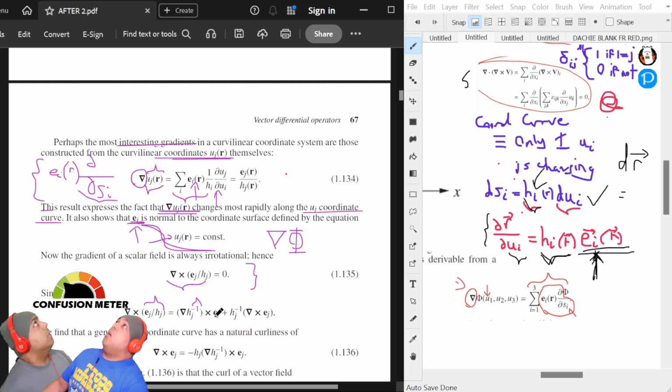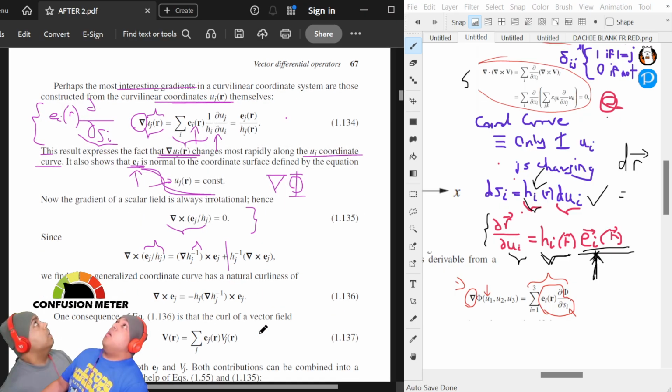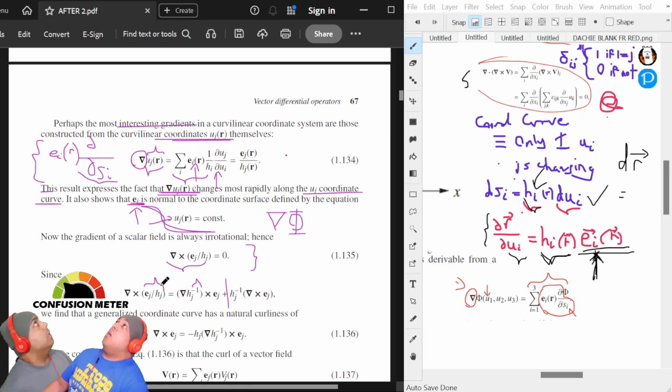Since the curl of this equal, so we're splitting it into two terms. Since this equals this, we find that the generalized coordinate curve has a natural curliness.